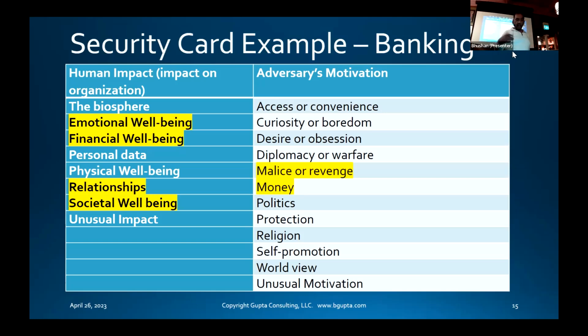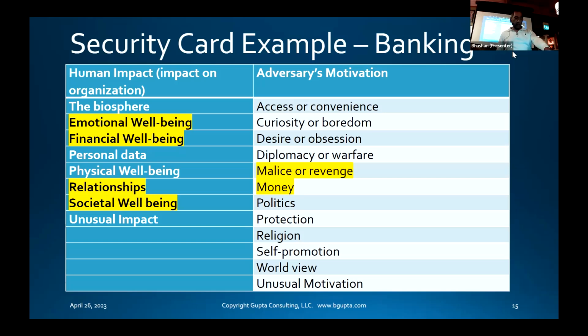On the other side, what is the motivation of the adversary? If they want to take my money, they might take revenge, or it could be a monetary benefit to them. So if I look at those 2 cards, I have found there are 4 different aspects on the human side and 2 different aspects on the adversary motivation side. So I have 6 cards which to me are meaningful, which are going to have an effect on that particular operation.